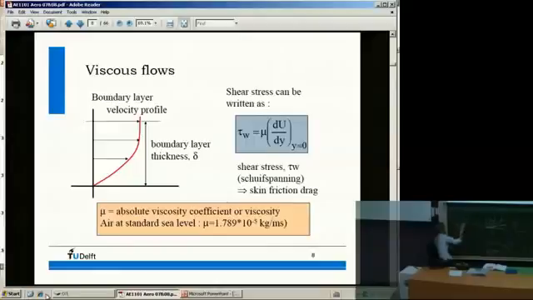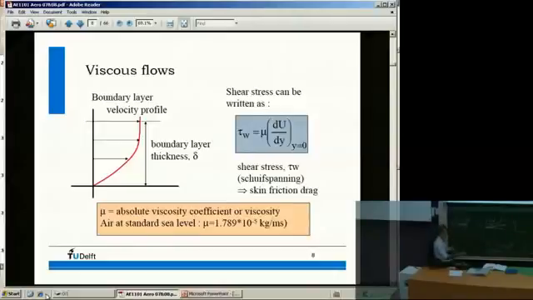So if I plot this like this, what I plot in that direction is the distance to the surface, y. What I plot in this direction is u, the speed. The speed is a function of y.